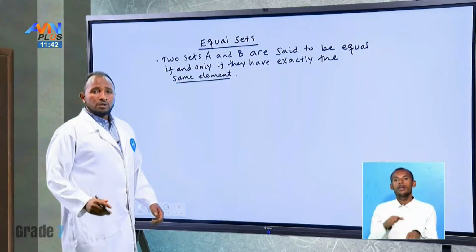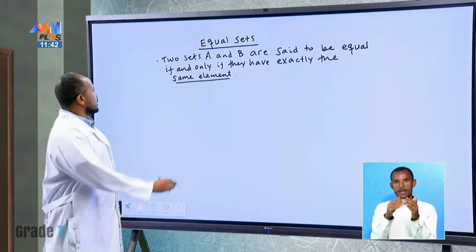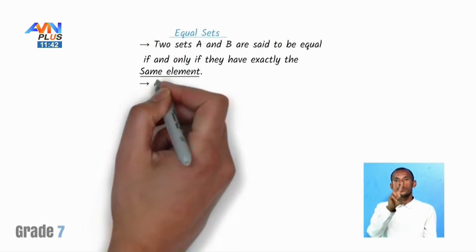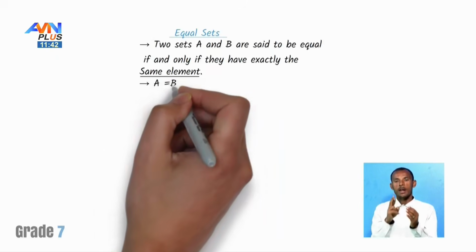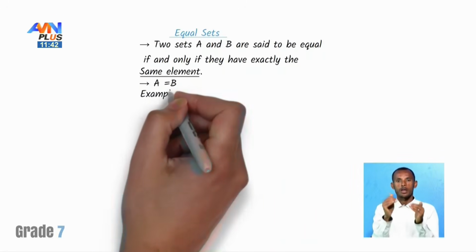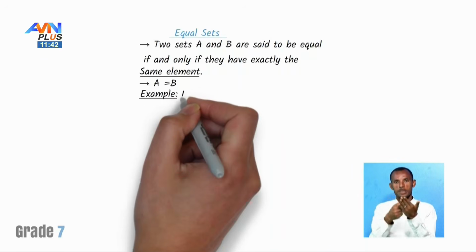So, if two sets are equal, we can write it symbolically using this symbol: A is equal with B. Now, let me give you an example for this.